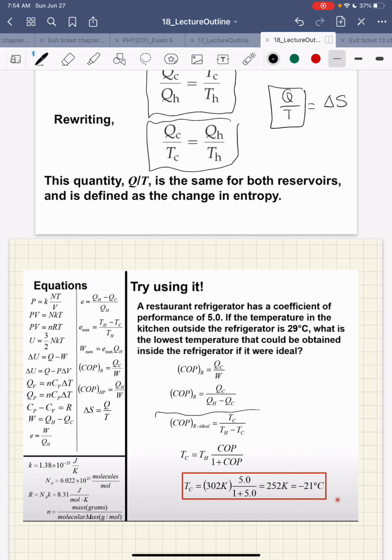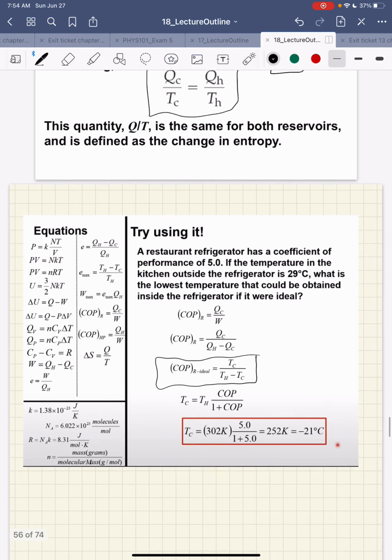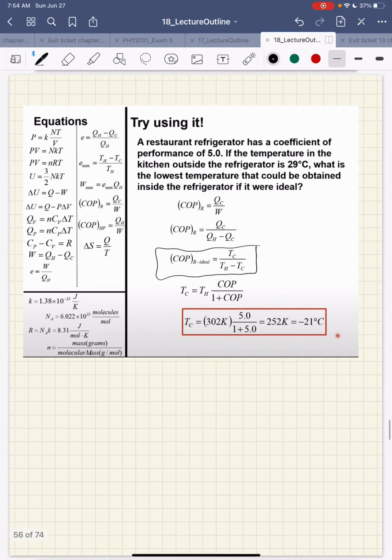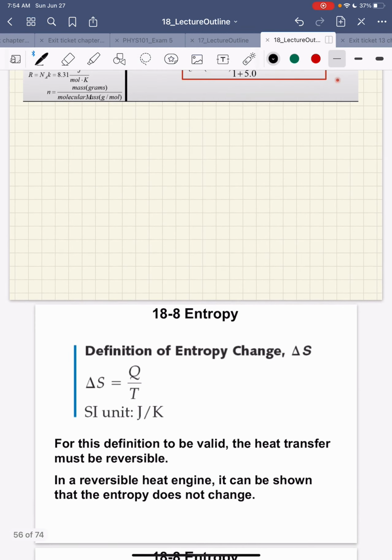And if we go to ideal, it's going to be in terms of temperatures. And then I can rearrange and have my TC, okay? And remember again to convert your 29 degrees Celsius into Kelvins. Then I will say the lowest temperature is going to be negative 21 degrees Celsius.